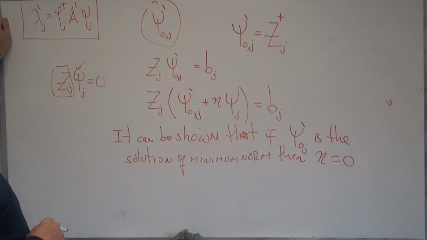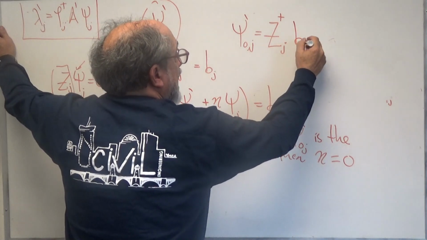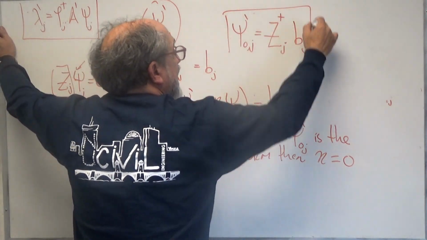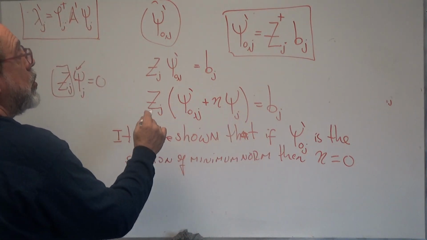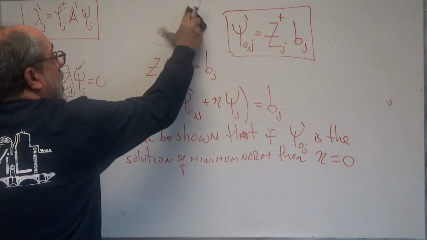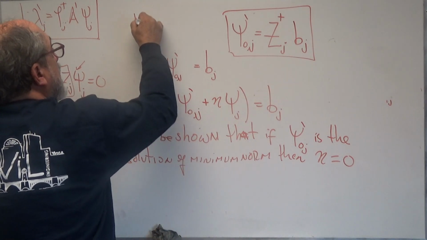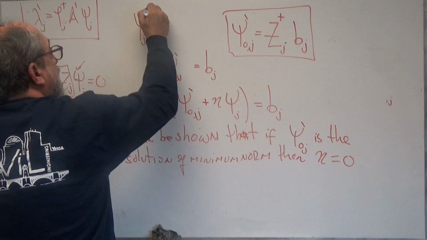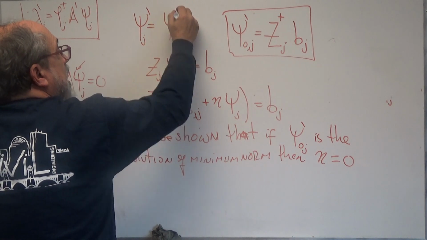The pseudo-inversion is connected with the singular value decomposition. At this point, as I say, I'm just going to leave it like that. And so, since n is equal to 0, I am concluding that phi j prime is exactly phi 0j prime.